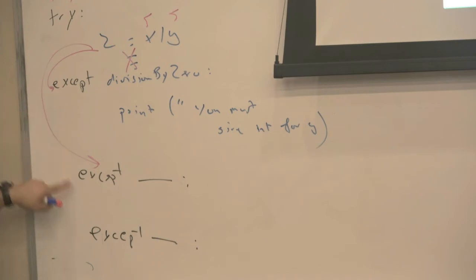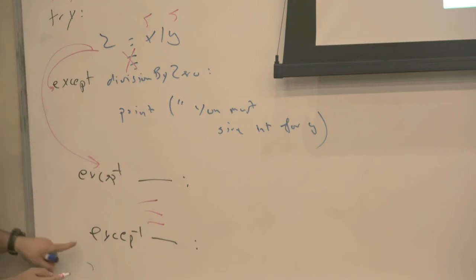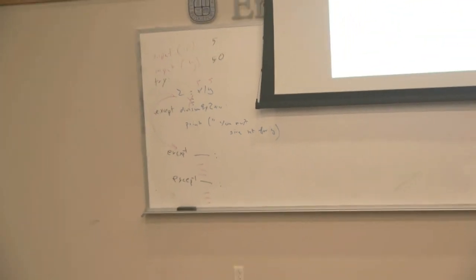If another exception happens, it will execute the sentences in here. If a different kind of exception, it will go in here. So you could have multiple kinds of exceptions, and these are built-in exceptions in the system. I'll show you in a second. All right? So here is the news for you. From now on, there is no homework submitted without handling the exception.